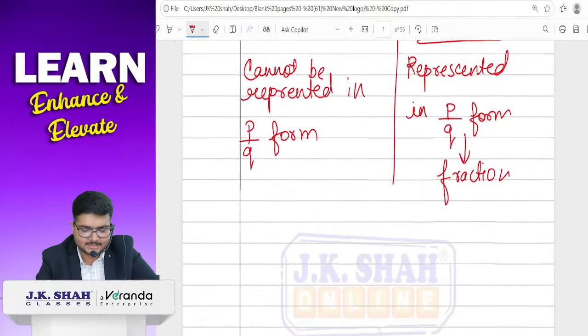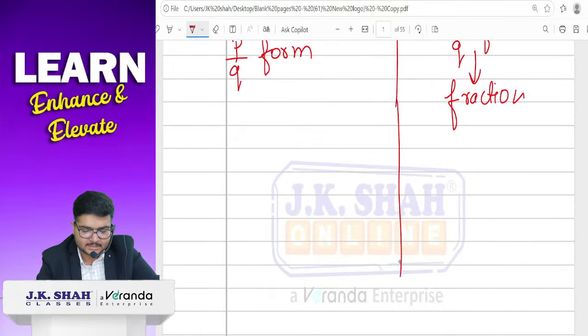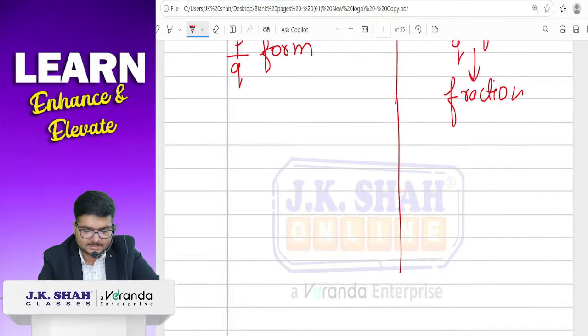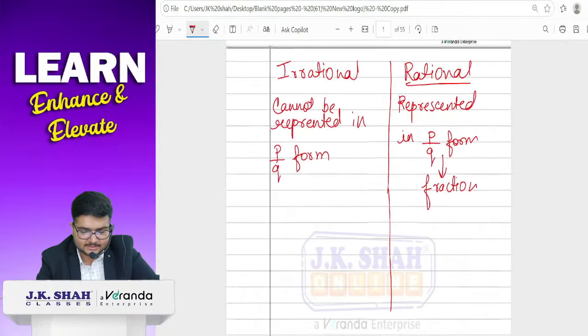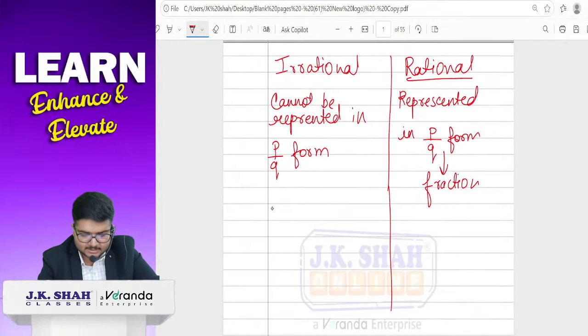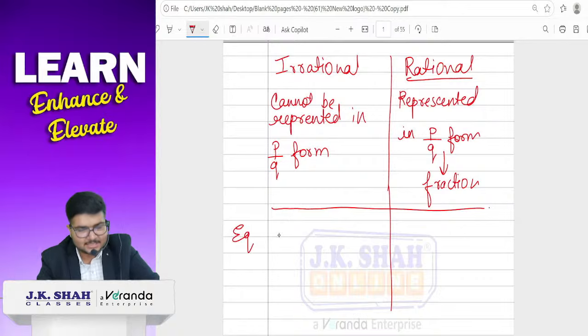Let us see an example of both of them. Let us check examples, then it will be much clear to you. Now irrational number, how does an irrational number look like? Any number with root, but it cannot be solved. Can you tell me these numbers can be solved properly?